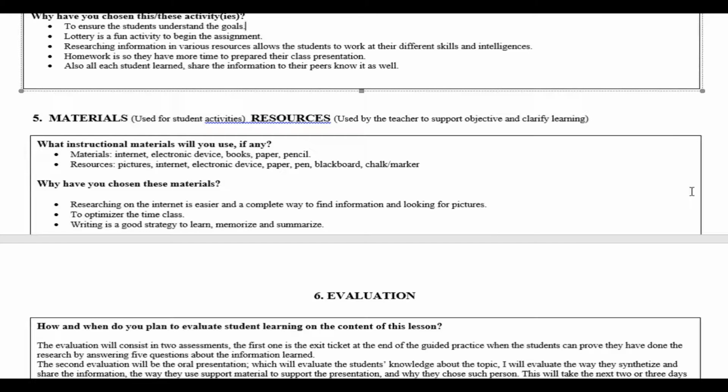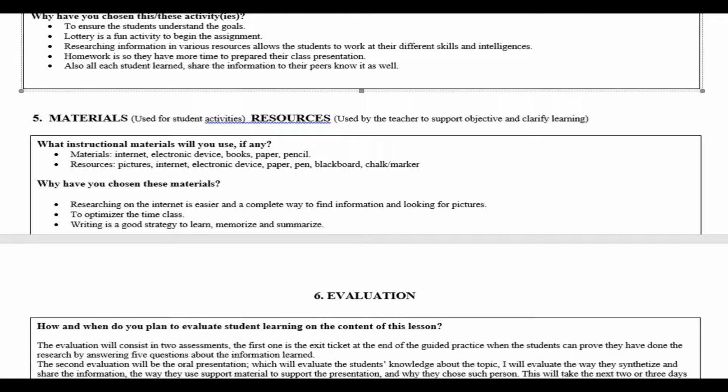That is important. I will let the students share the information so all the group can learn more and have more knowledge about different people.